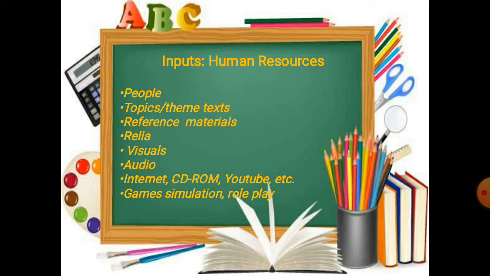It is also important to know their experiences, their feelings and opinions, and you have the topics, the theme, and the text. Your topic or theme must be literary or non-literary. It might be published, student-generated, or extensive readers. We have the realia and the visual.